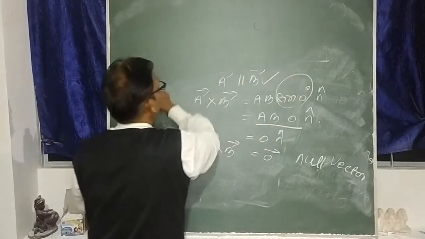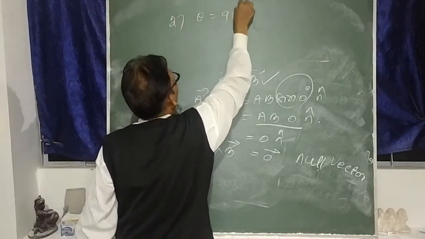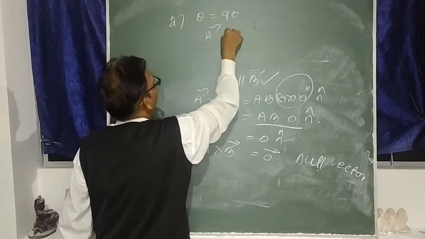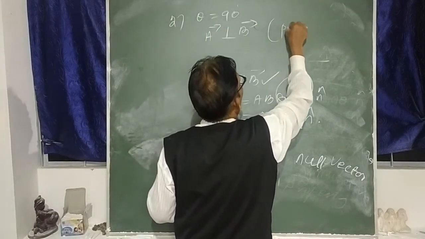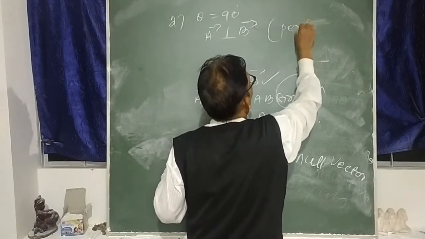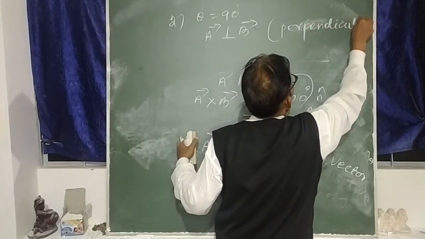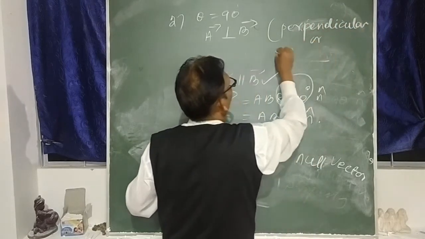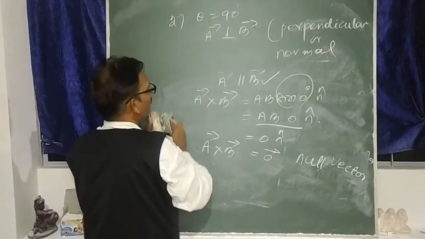Similarly, come to 90. Theta is equal to 90 degrees. That is, A vector is perpendicular to B vector. Perpendicular, you write perpendicular, or you can write normal, or you can write orthogonal.